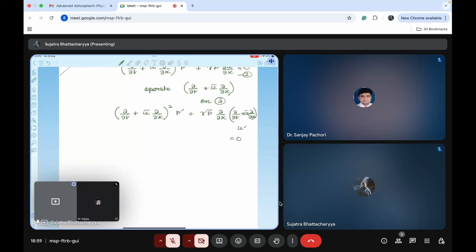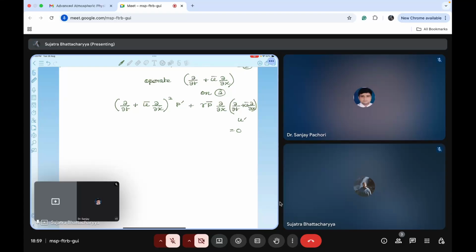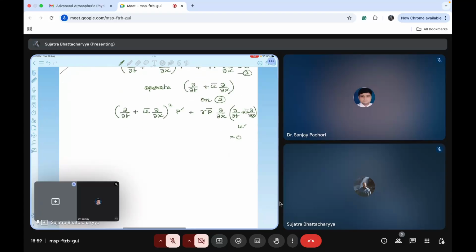So finally we are getting something like this. Okay. Now look at this. Let me write it again so you will understand. Del T plus U bar del X whole square P dash plus gamma P bar del X of del T plus U bar del X of U dash, which is equal to 0.